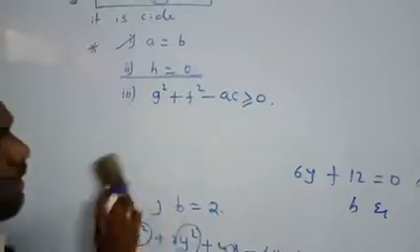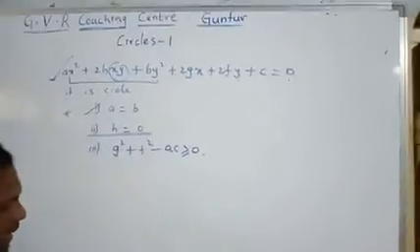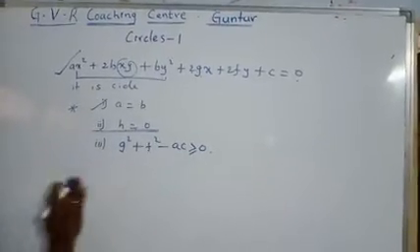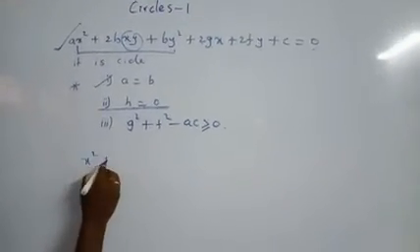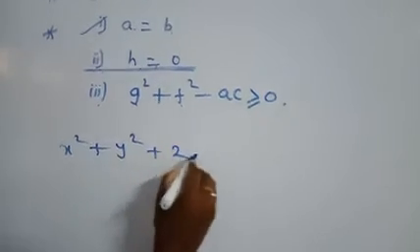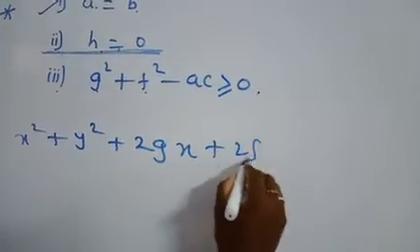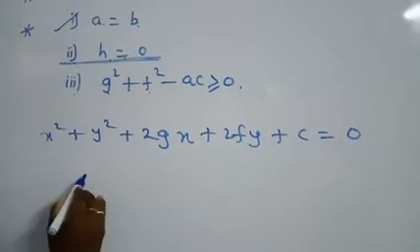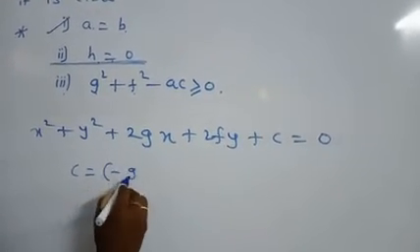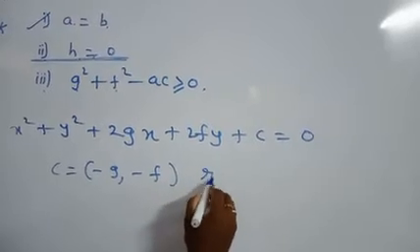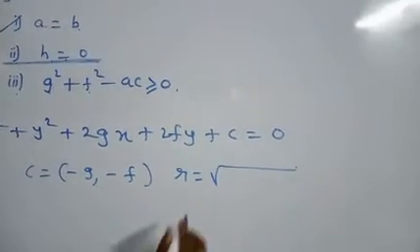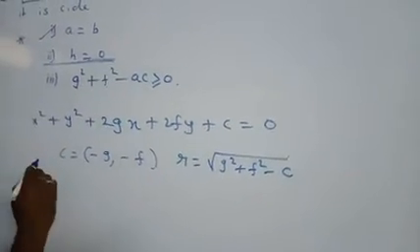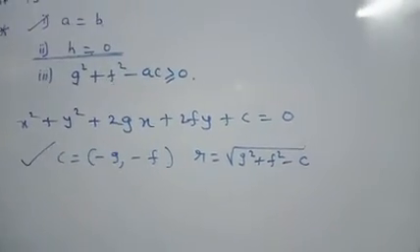So clearly, the second degree circle equation is very important: x² + y² + 2gx + 2fy + c = 0. The center is (−g, −f) and the radius r is equal to the square root of g² + f² − c. So this is the fourth circle equation.